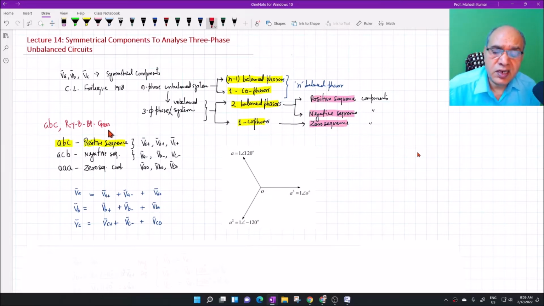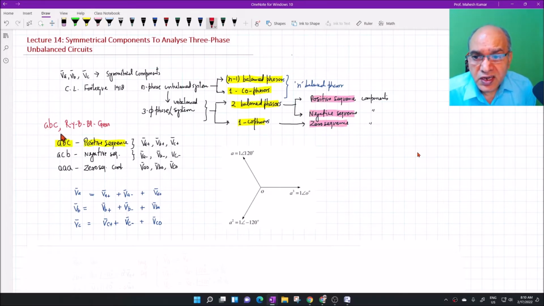The neutral is run parallelly to the phases and finally it is grounded somewhere along the line or at the towers or at building at different places. So these are the 5 colors which are used for denoting the phases, neutral and earth.